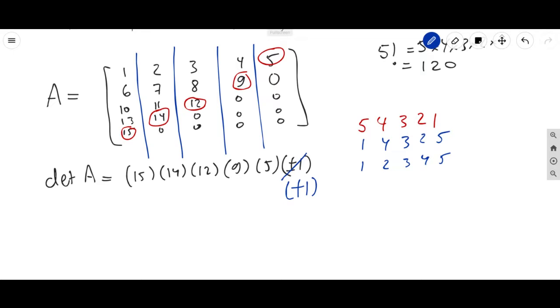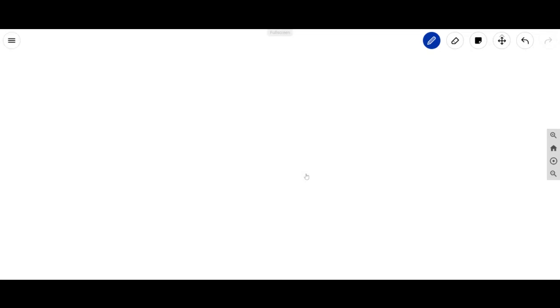Now, in the last 10 minutes, let me give you a deeper interpretation of what the determinant represents. So here's a deeper interpretation of the determinant. We can think of matrices as linear maps.